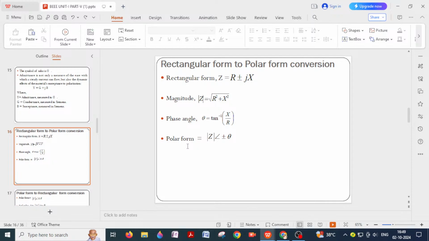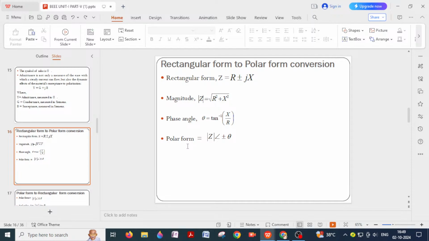In rectangular form, Z is equal to R plus or minus jX. So if you have polar, by using these formulas you can determine the rectangular, and if you have rectangular, you can determine the polar form.